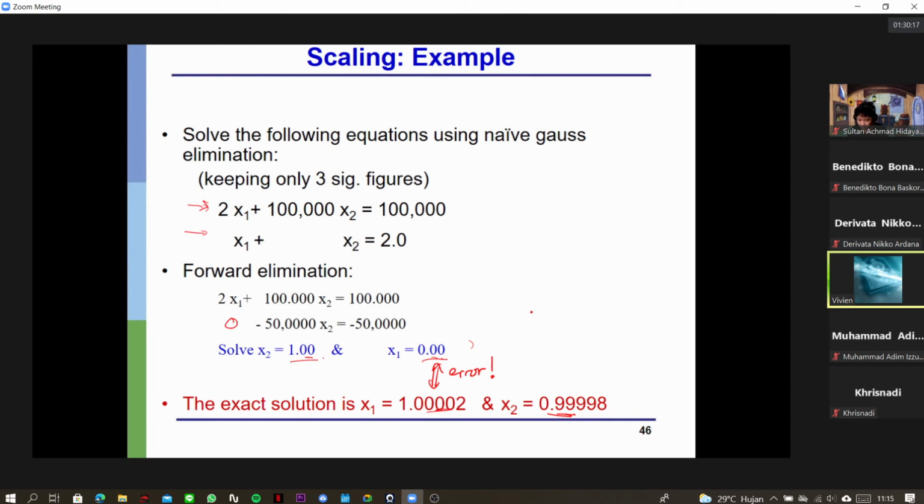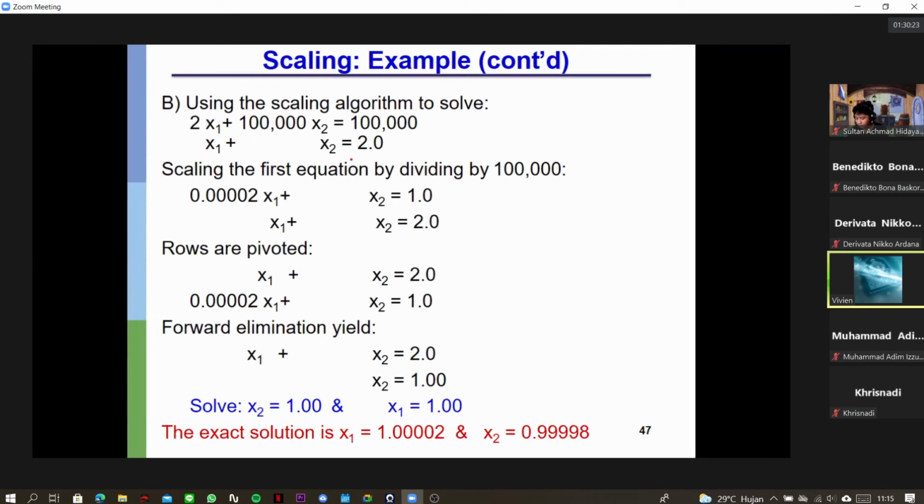Now what we can do, because we have values in which the magnitude is very different, is use scaling. We can divide the first row here by 100,000. After that, we are going to pivot it.